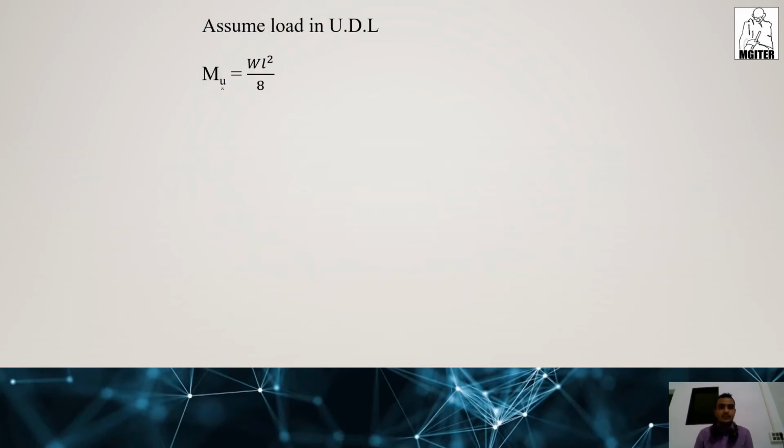Then we assume the load is UDL. For this beam we assume there is only a UDL load. So to find the UDL load we have the equation Mu equals WL square by 8. What we have to find is W. This equation is for a beam with UDL load.